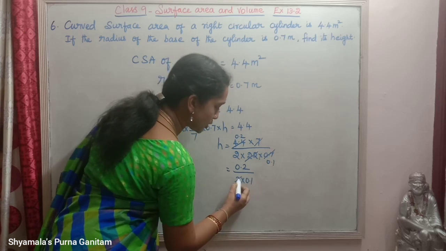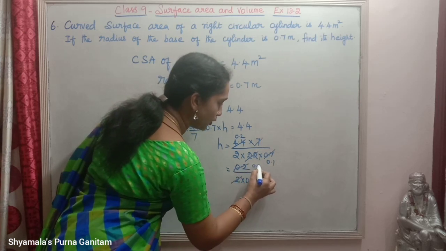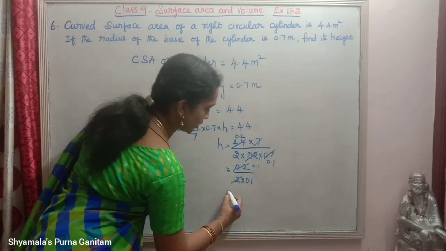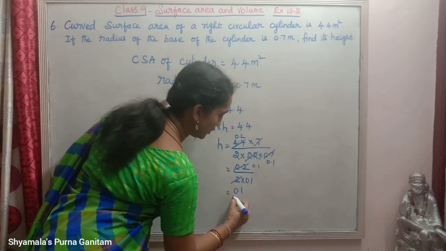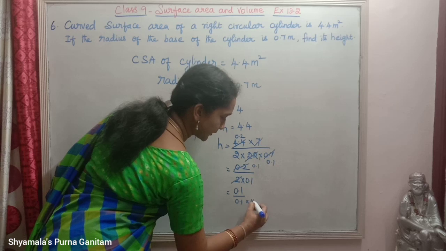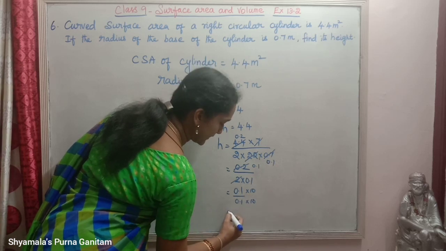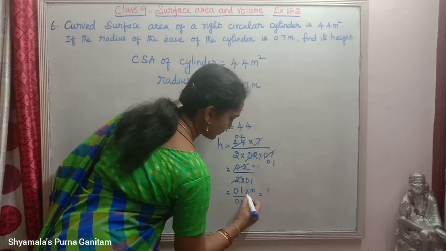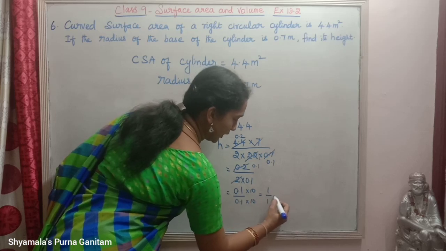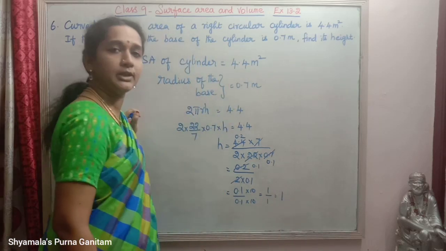So again this 2 and 0.2 will go 0.1 times. So this is equal to 0.1 by 0.1, and we will get the answer as 1 by 1.